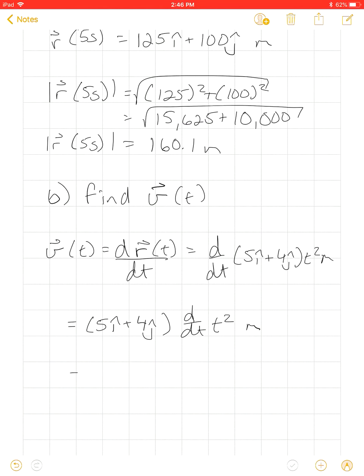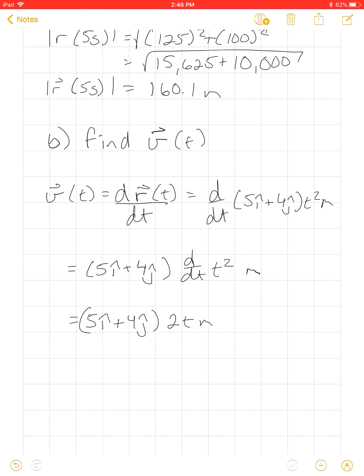The derivative of t squared is going to be 2 times t, and then we can multiply through the 2 since that's also a constant. So the vector velocity v is going to be (10 i hat + 8 j hat) times t in meters.